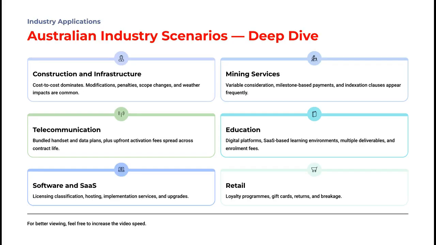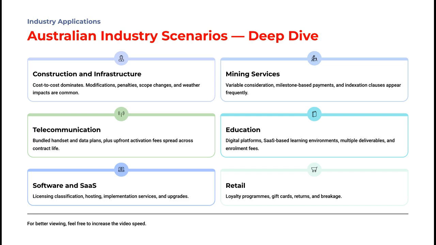Australian industry scenarios deep dive. Construction and infrastructure: cost to cost dominates. Modifications, penalties, scope changes, and weather impacts are common. Mining services: variable consideration, milestone-based payments, and indexation clauses appear frequently. Telecommunication: bundled handset and data plans, plus upfront activation fees spread across contract life.